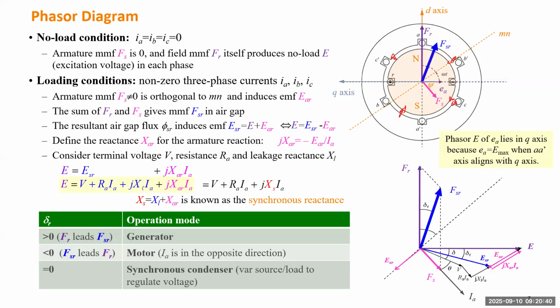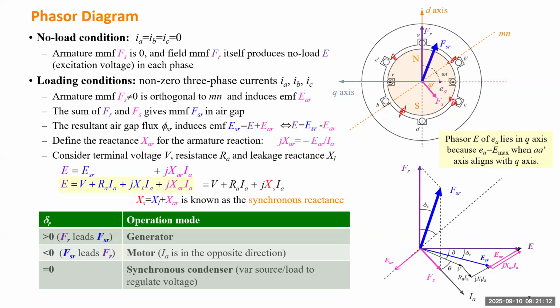And this will generate a magnetic field, which will revolve inside of the generator, and that magnetic field will induce this voltage E, which is the excitation voltage, and this is lagging FR by 90 degrees because of Faraday's law. So to calculate the induced voltage, you need to get the function of the flux, then calculate the derivative, right? And add a negative sign. So that will give you the direction of this E.